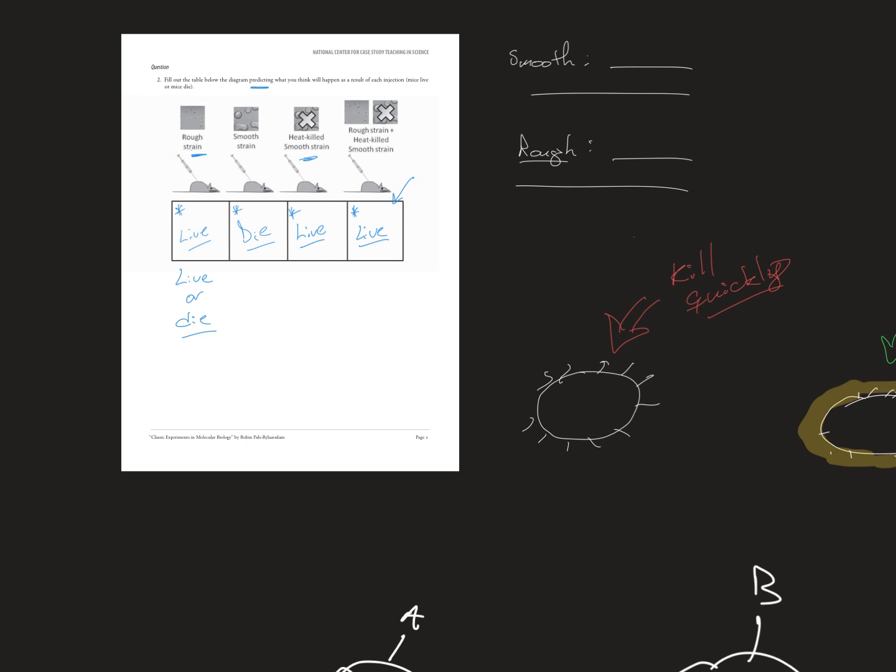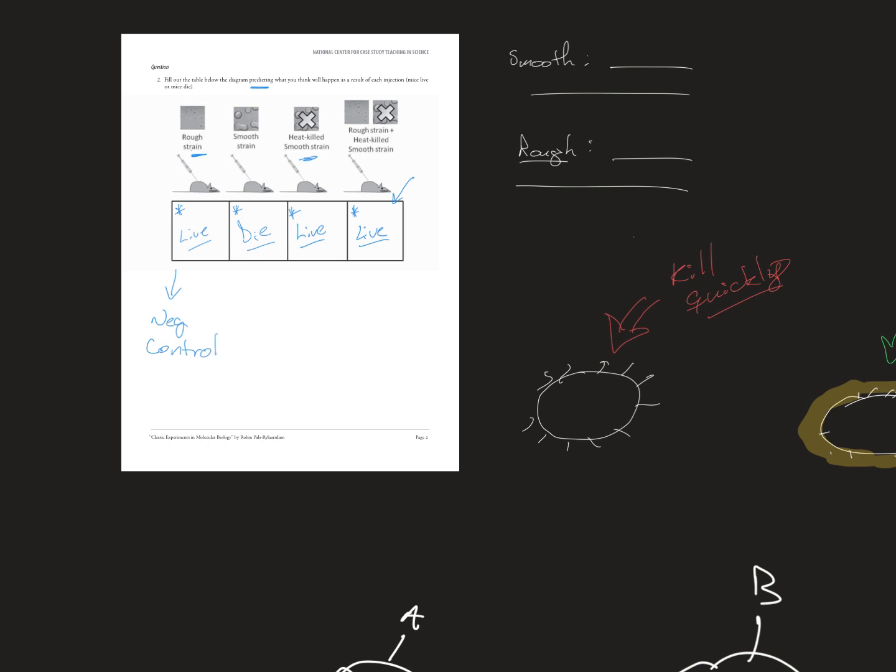So then comes another question as far as experimental design goes. Why do we do these different experiments, right? If we know that rough killed strain doesn't kill the mouse normally, why are we injecting the mouse with rough killed strain? Well, this is a negative control.